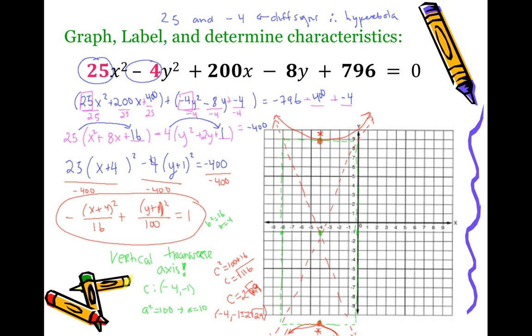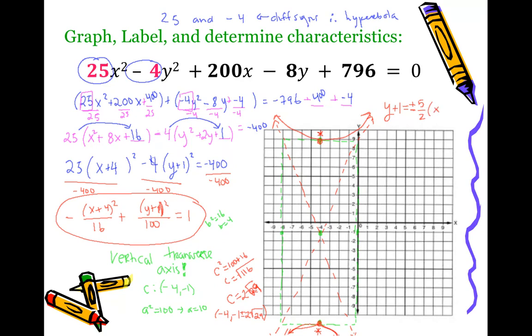The last one, I guess I probably want the equation of my asymptotes. So that would be y, use the center, plus 1 equals plus and minus. To get from the center to this point, I'm going up 10 over 4, so that's 5 halves.